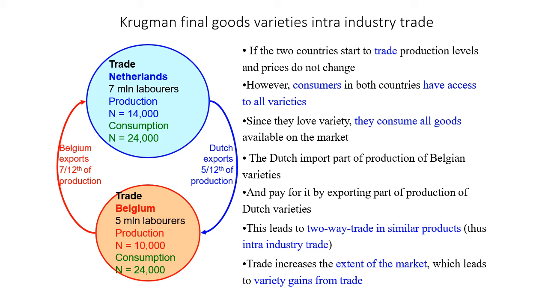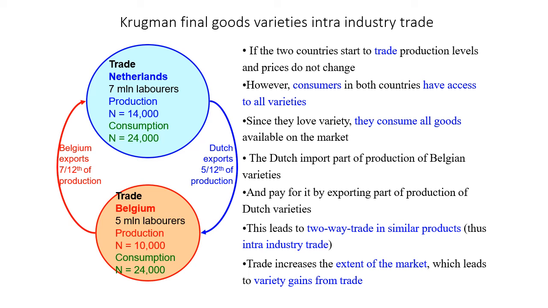And at the same time, they will pay for it by exporting their production to Belgium. So the Dutch import from Belgium the varieties they never had, and then pay for this by exporting their production to Belgium.